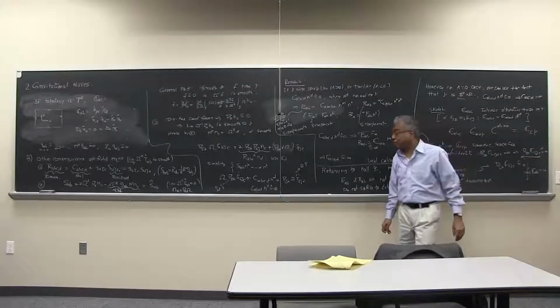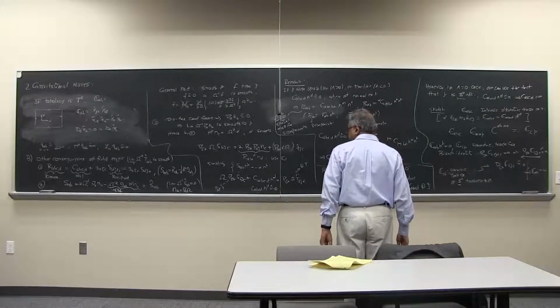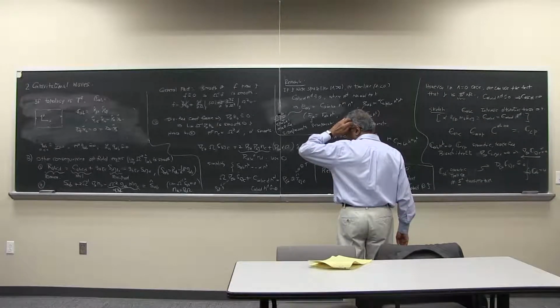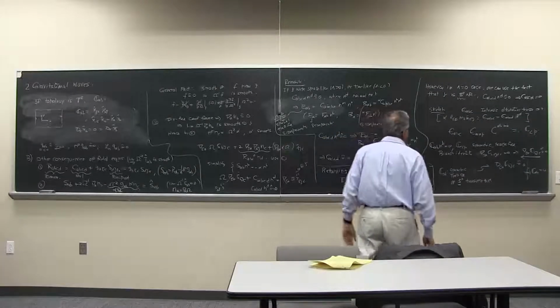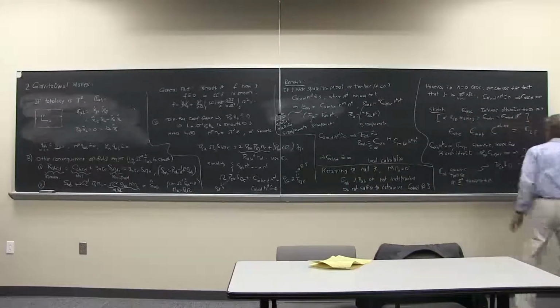But in the case of scri, in the case of the S2 topology, I can conclude this quantity is equal to 0.